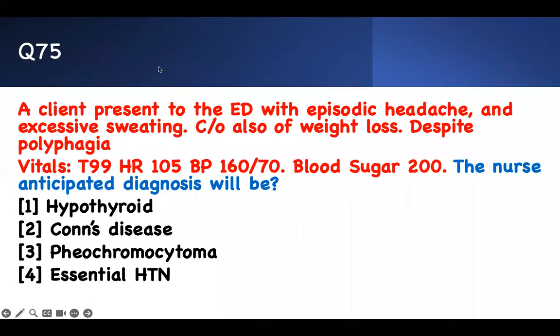Case form, short one. The nurse's anticipated diagnosis is what? A client presents to the emergency room, keywords. I told you, they always put it in the first 1 to 2 sentences. Episodic headache, 1. Excessive sweating, 2.